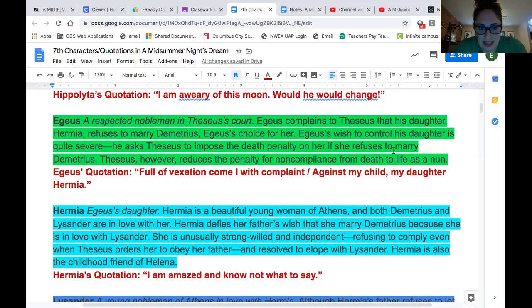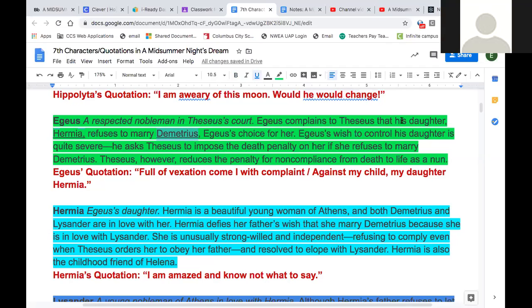He asks Theseus to impose the death penalty on her if she refuses to marry Demetrius. Theseus, however, reduces the penalty for noncompliance from death to life as a nun. So, Aegeus is angry, and the key here is that he wants his daughter Hermia to marry Demetrius.